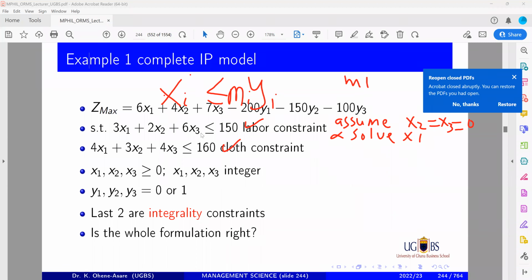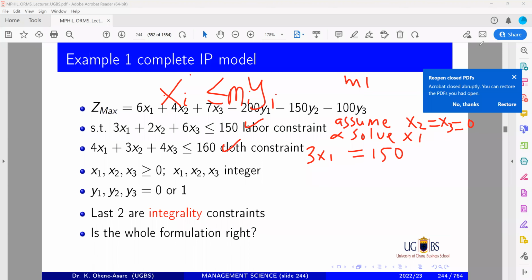Let's do that. I'm talking about the first constraint. You write 3x1 plus 2 times 0 plus 6 times 0, because x2 and x3 are supposed to be 0, and then you make it equal to 150.